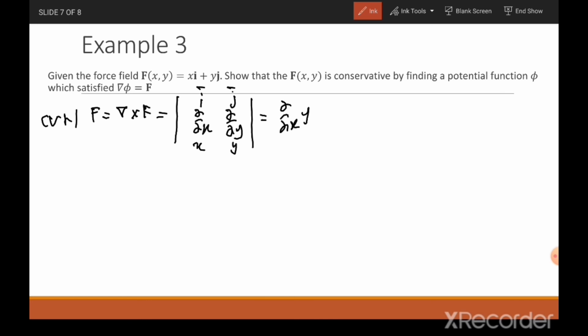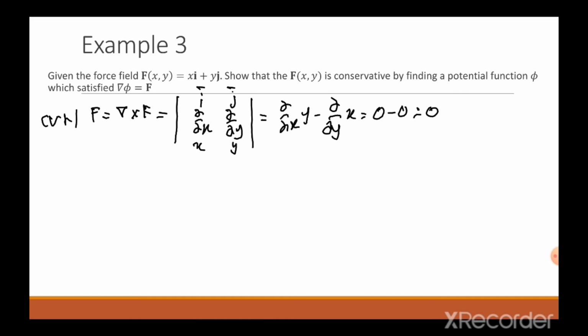D dx times y minus d dy times x. Okay, so both is equal to 0 lah. So when both equal to 0, so this is the conservative force field. Okay, so this is another way to find the force field is conservative or not conservative. If you get the value is not 0, so there is a non-conservative force field.